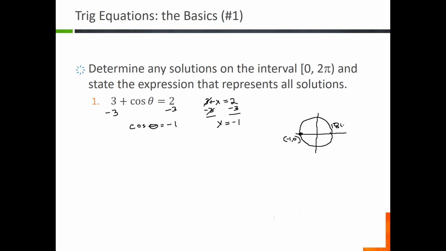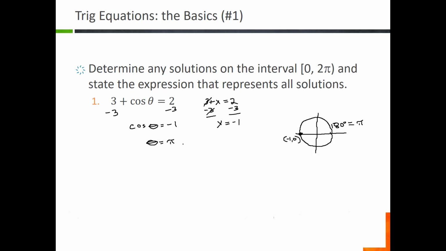180 degrees. Well, we don't want to deal with degrees since we want to look for the answer between 0 and 2 pi. We want to think of this in terms of radians. Pretty much all of our work in here is going to be in radians. So the angle to the negative x-axis is going to be pi radians. So we know that theta has to equal pi.